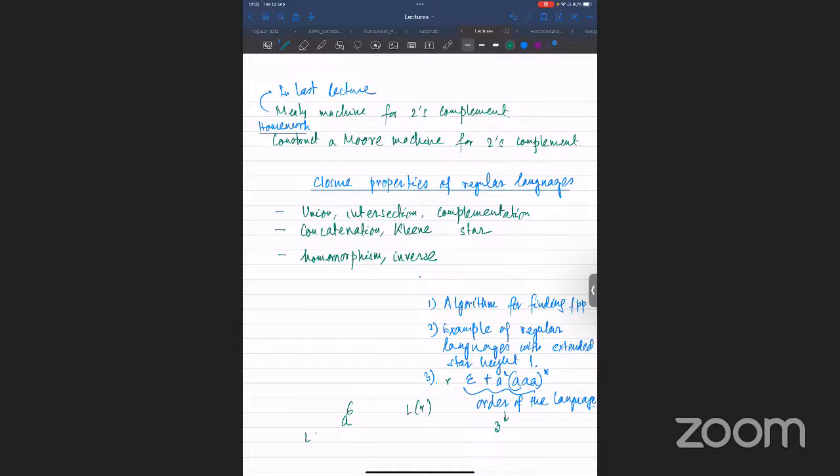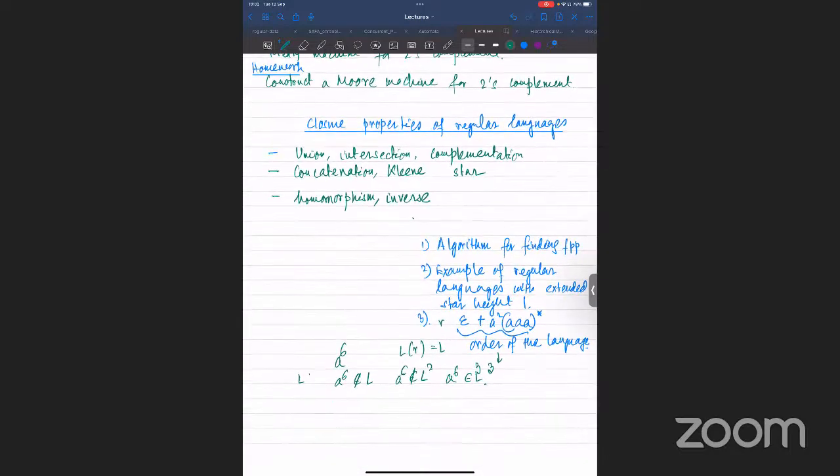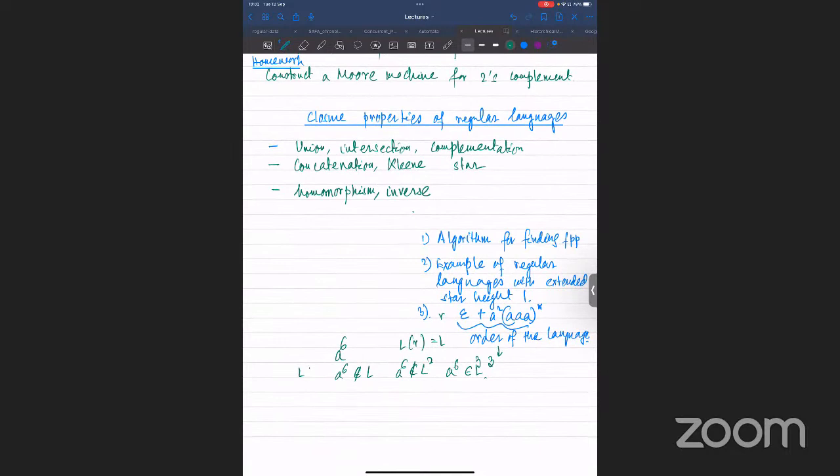Suppose I call it L. Then A6 is not in L, correct? And A6 belongs to L of 2? A6 does not belong to L of 2. A6 belongs to L of 3. So this gives you an intuition. And then everything that you look at, for example A7, A8, everything belongs to L3.